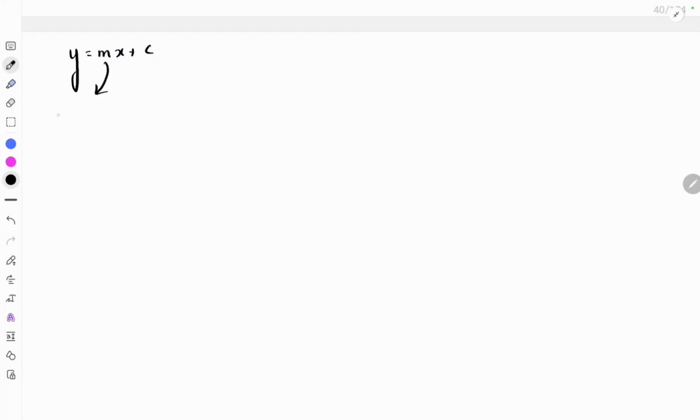Next, you should know to write the equation of line. Suppose y equal to mx plus c we have. M is nothing but slope here and c is nothing but the y-intercept. So what is y-intercept?